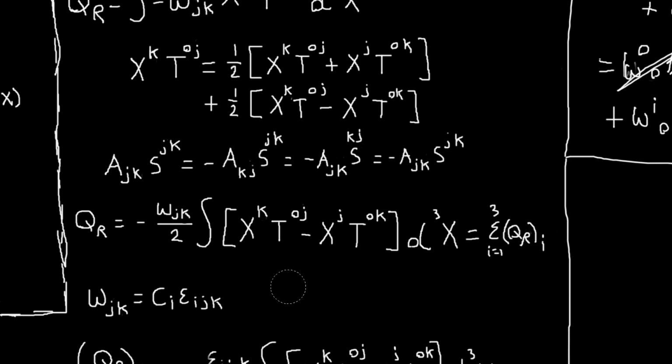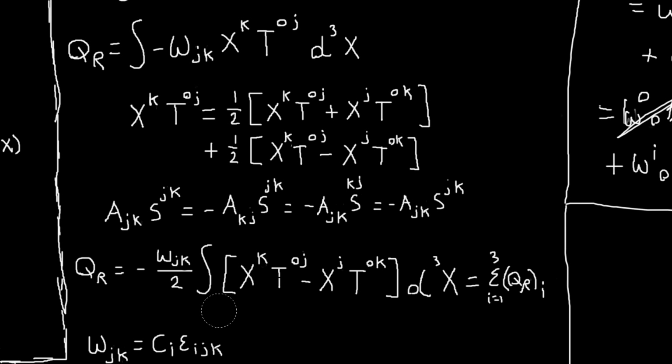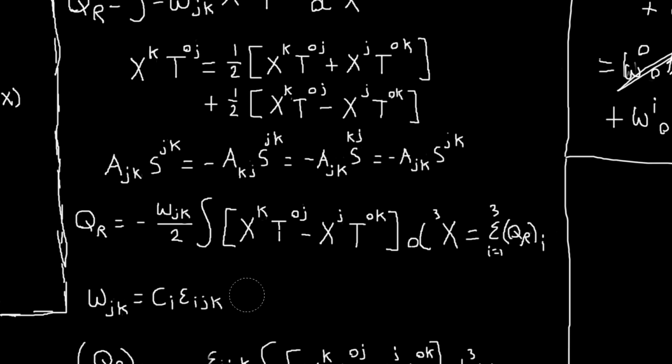The way we can do that is basically any antisymmetric matrix can be written as a sum of 3 basis matrices, the basis matrices being epsilon 1 jk, epsilon 2 jk, and epsilon 3 jk. So I'm going to write omega jk as a linear combination. The ci's are just constants. I've written it as a linear combination of our basis matrices.